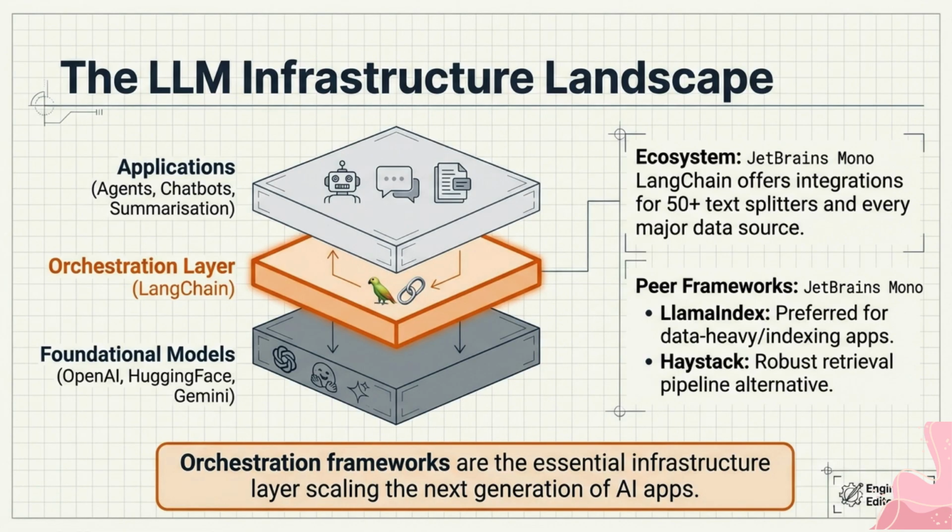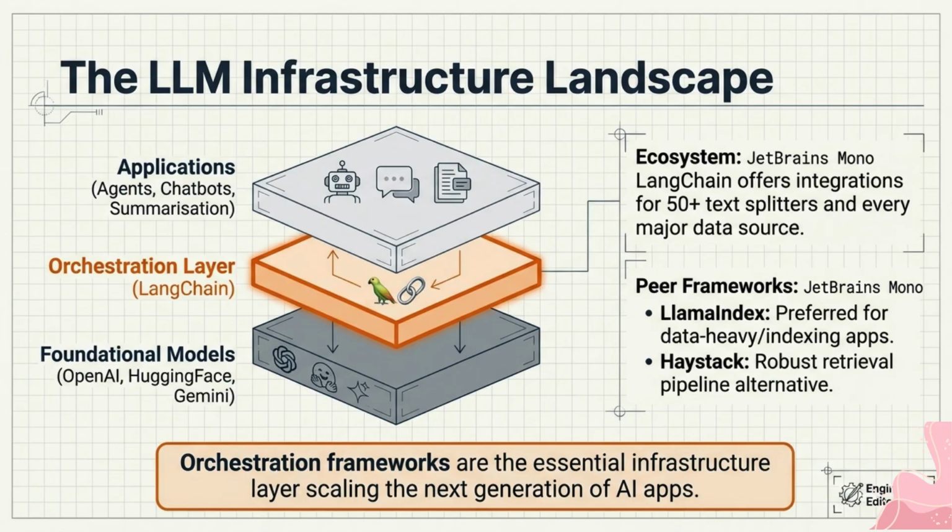Let's zoom out. Full stack. Bottom: foundational models. OpenAI, Hugging Face, Gemini, the brains. Middle: orchestration layer, LangChain, the infrastructure connecting everything. Top: applications, agents, chatbots, tools, what users interact with.